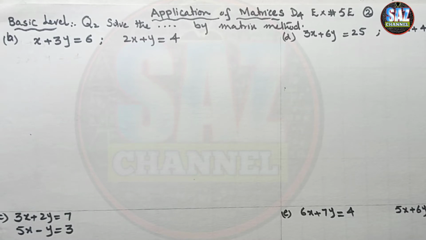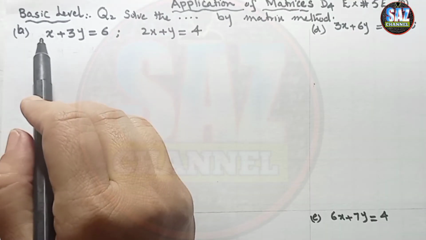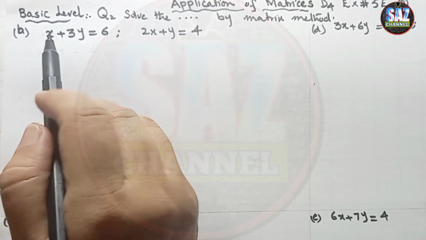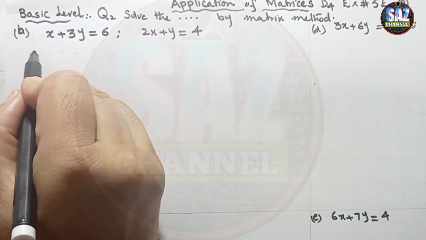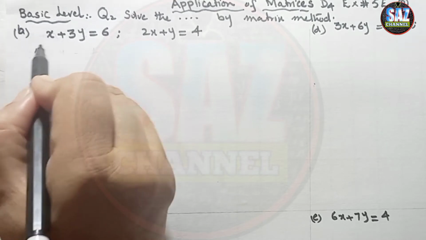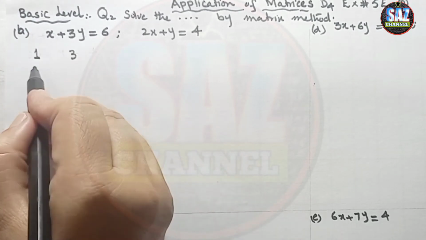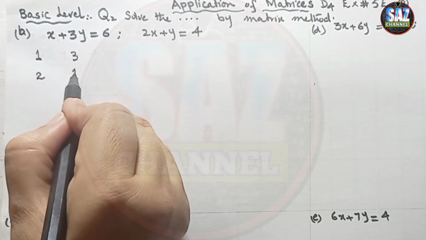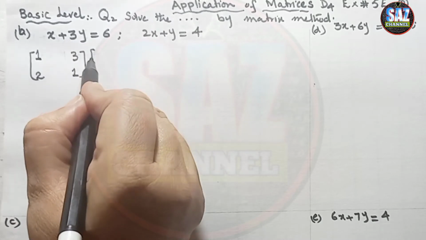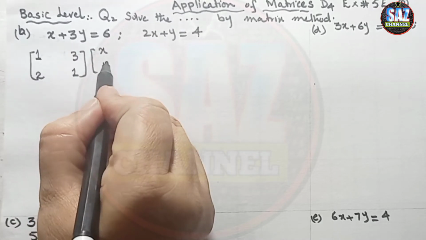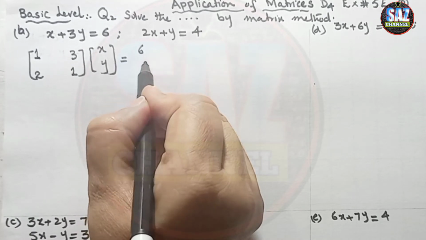As we have to solve the question by matrix method, we have to write the coefficient matrices here. In the beginning of x we do not have any number, so it will be 1 and it's 3. Then from the second equation, this is 2 and this is 1, and then x and y, and that will be equated by the constants 6 and 4.